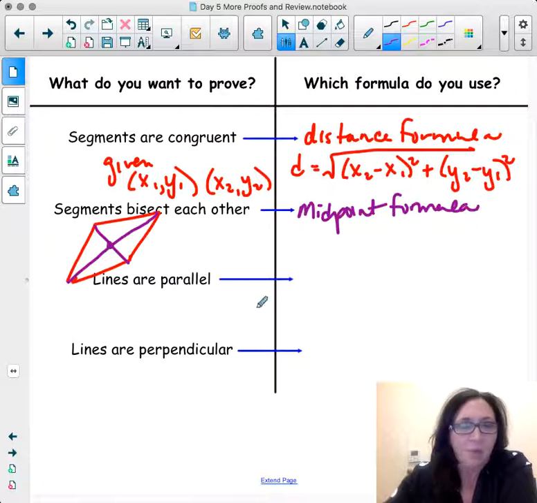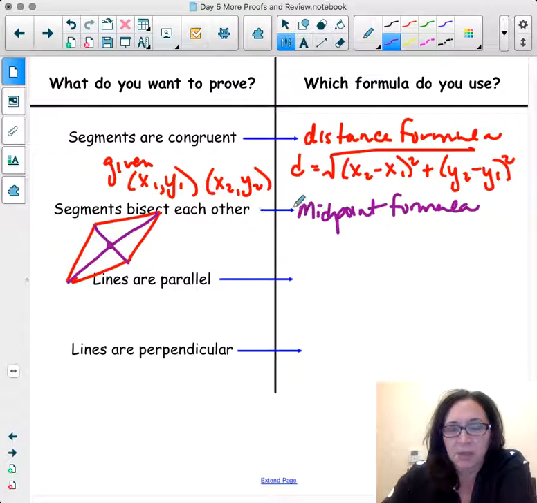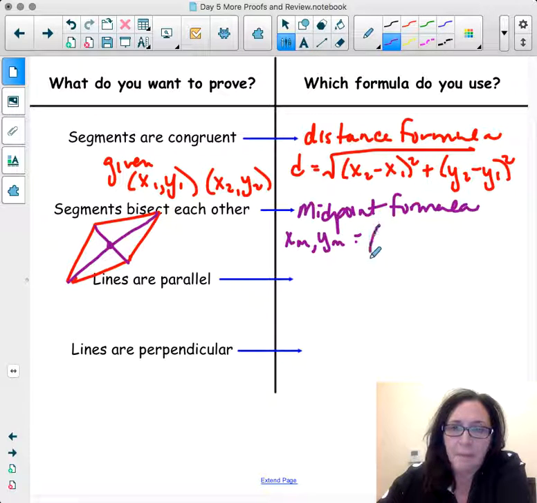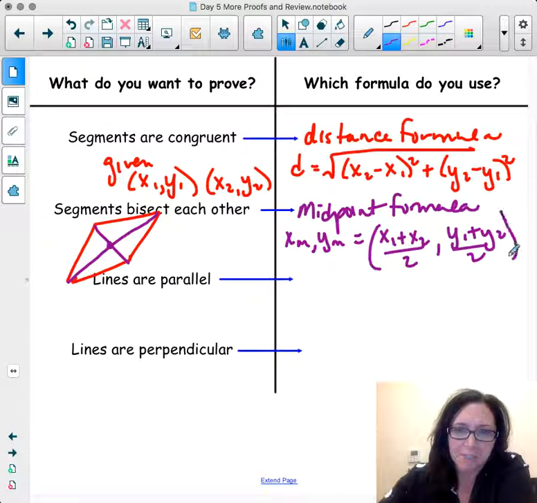Given two points x1, y1, x2, y2, to find the midpoint xm, ym, you add your x's together, x1 plus x2, and find the average, so divided by 2. And then y1 plus y2 divided by 2.